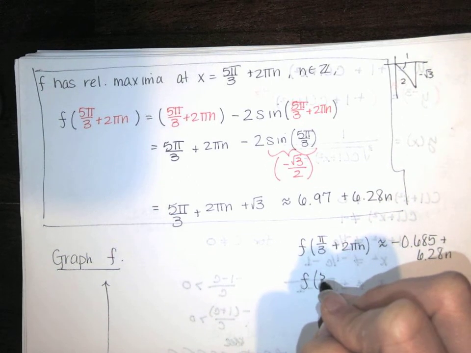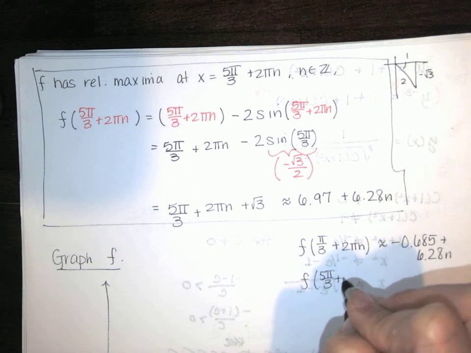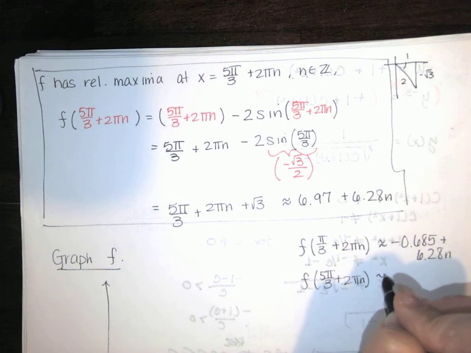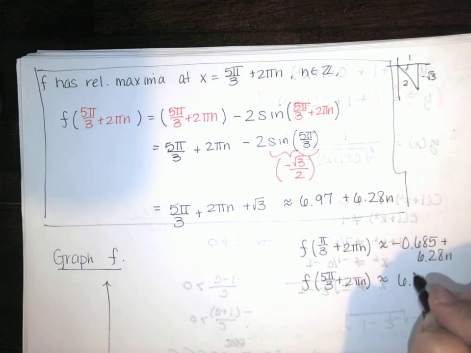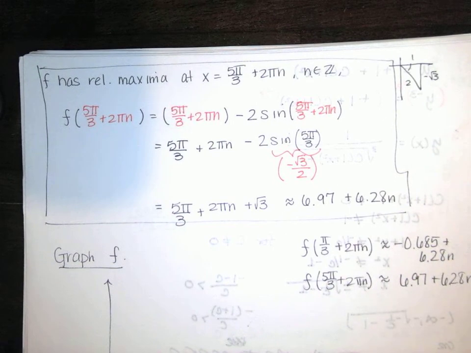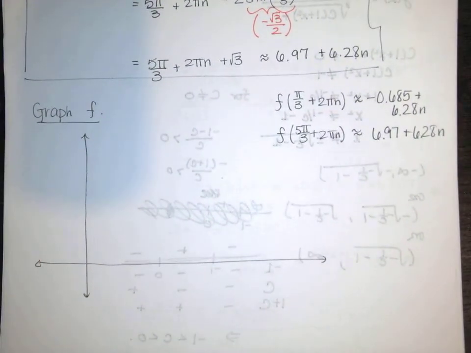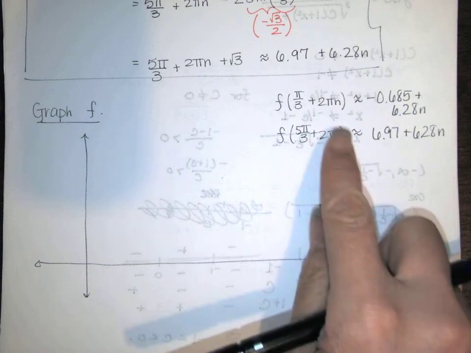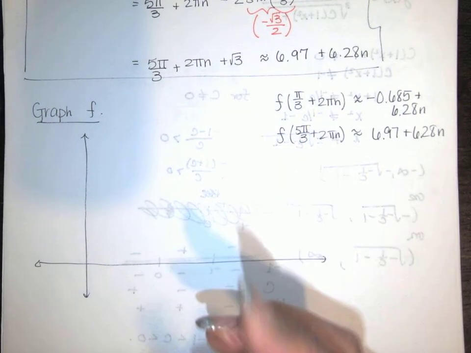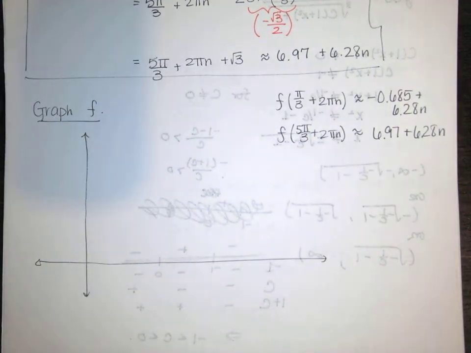And f of 5 pi over 3 plus 2 pi n is approximately 6.97 plus 6.28 times n. So what does that mean? Well, let's look at the first couple of values. When n equals 0, what do we get?